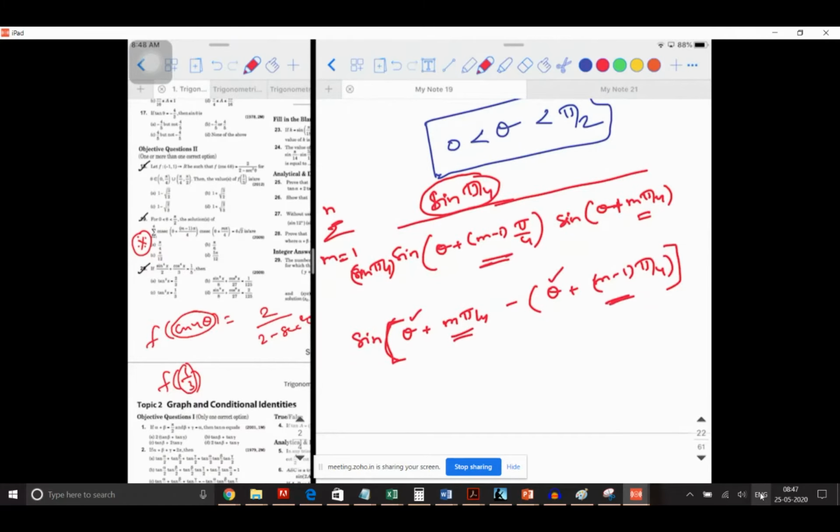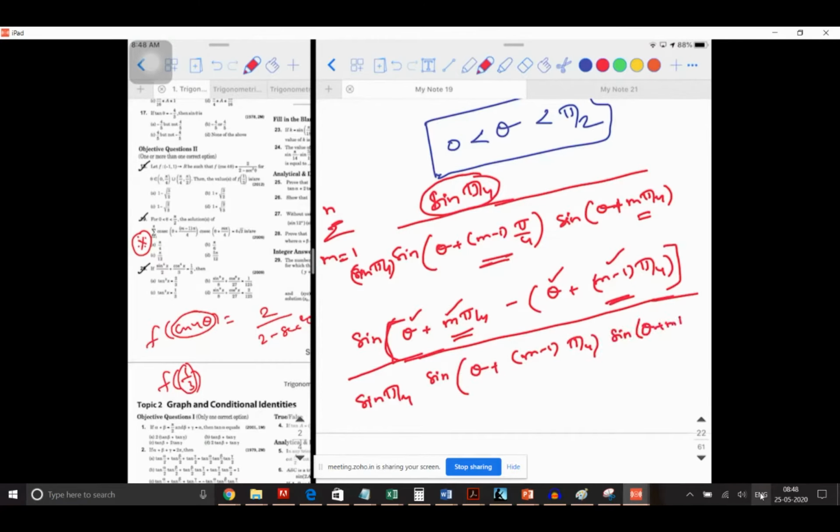This m pi by 4 and m minus 1 pi by 4, if you simplify, as the difference between m and m minus 1 is 1, this whole expression is pi by 4. So this whole thing divided by sine pi by 4 into sine of theta plus m minus 1 into pi by 4, sine of theta plus m pi by 4.